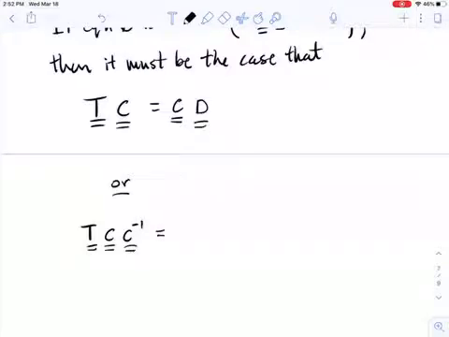sorry, no, that's not what I wanted to do. I do want to multiply by the inverse of C, but I want to do the other way. I want to solve for D, the diagonal matrix.